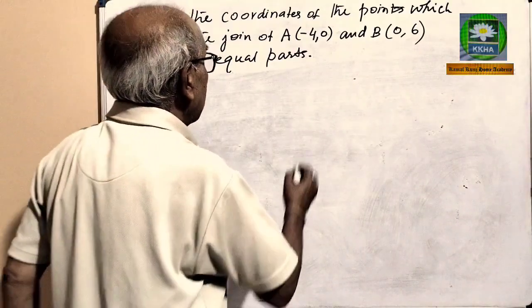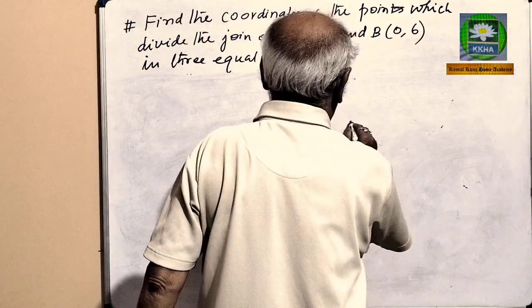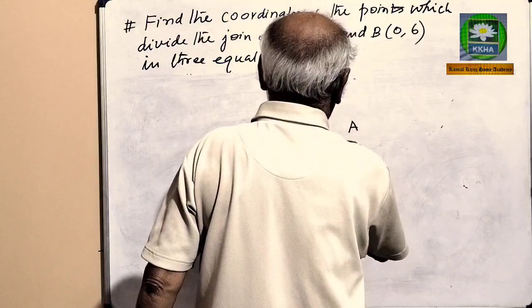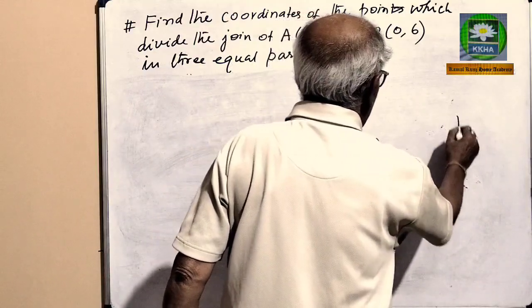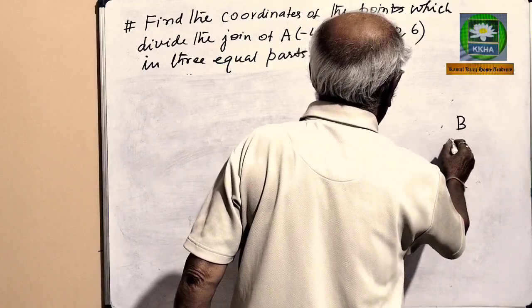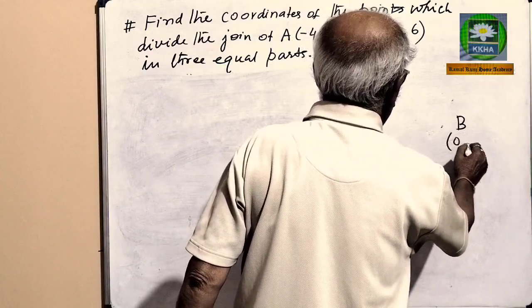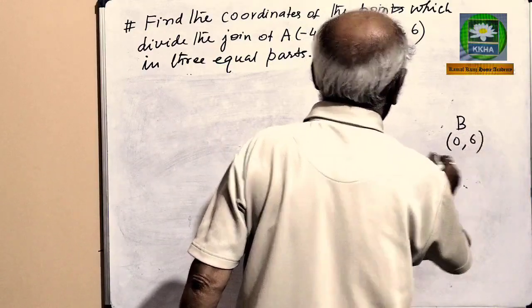The points are A equal to -4 and 0, and B is 0 and 6.